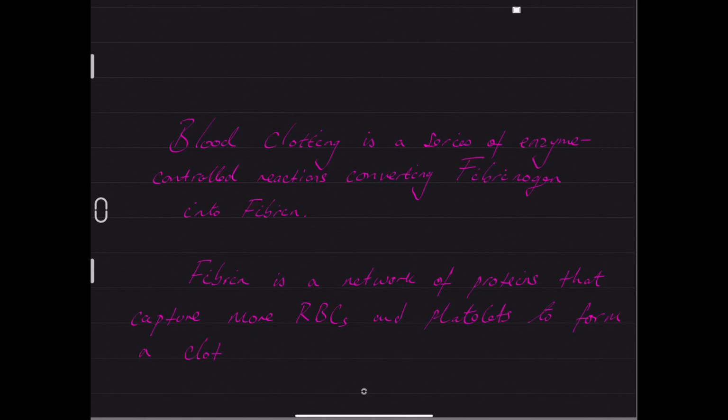And this clot will prevent further blood loss and prevent pathogens entering the body through the wound.